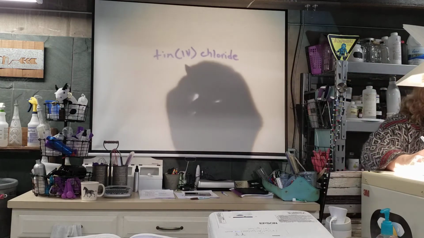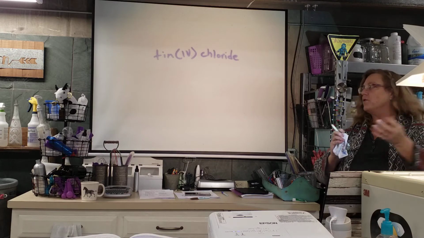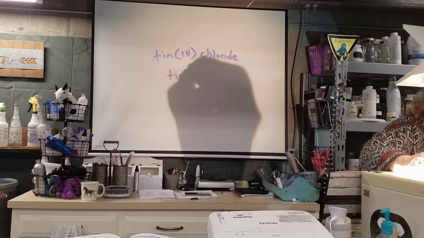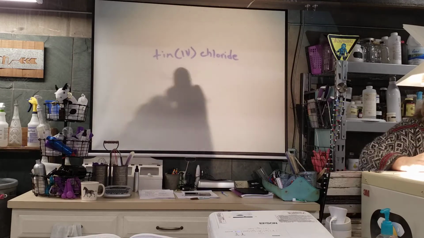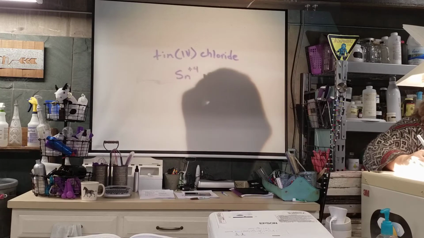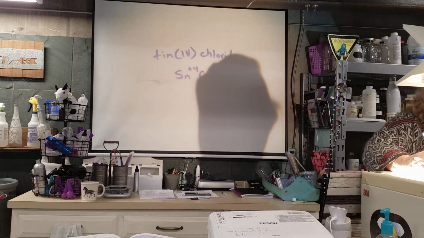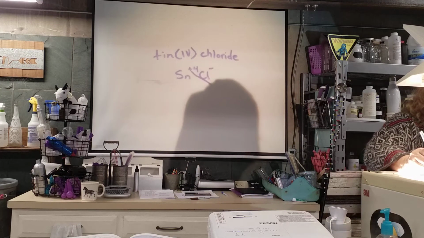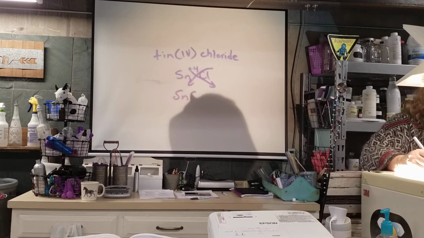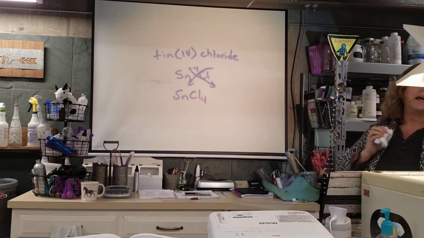And the element for that, if I look at tin, this tells me that tin has a +4 charge. And Cl stays the same. Chlorine still has a 1-, and I'm going to crisscross. So I end up with tin chloride looking like this for the molecular formula.